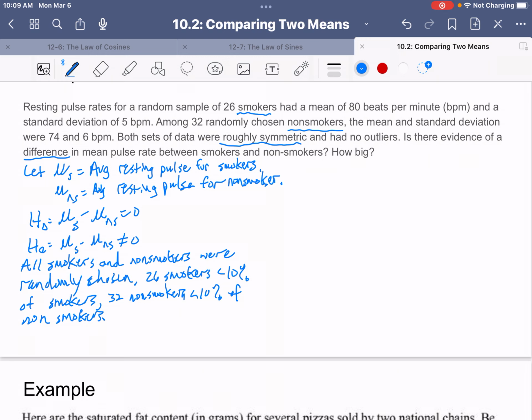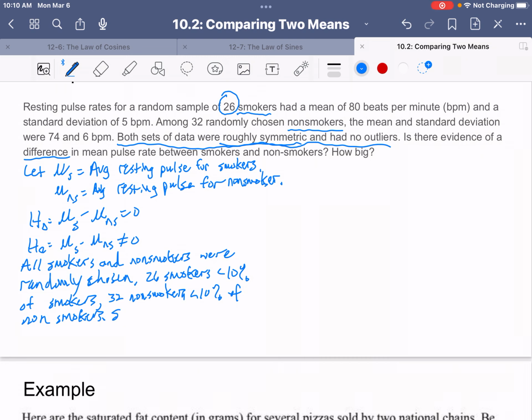Okay. Now, we would have a problem with this 26 smokers being less than 30. But you see right here where it says both sets of data were roughly symmetric and had no outliers, then the sample size doesn't really matter as much.